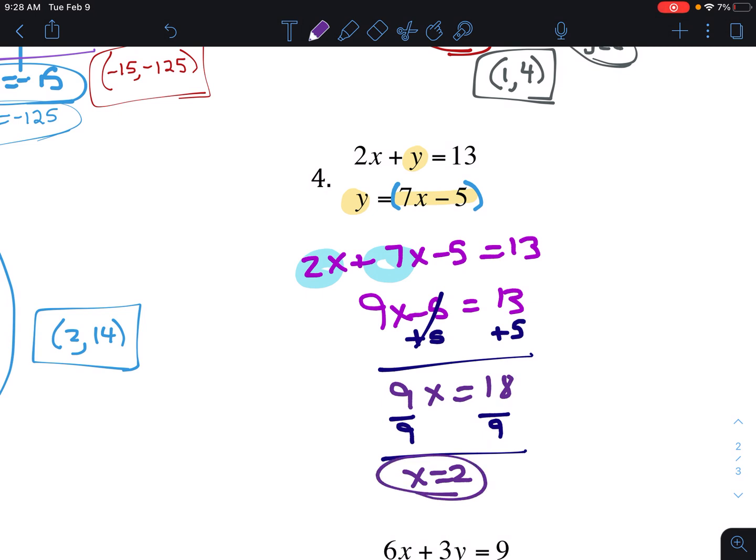And so if I know what x is, now I'm going to go back up here. I'm going to replace x with 2. 7 times 2 is 14, and 14 minus 5 equals 9. So then y must equal 9.